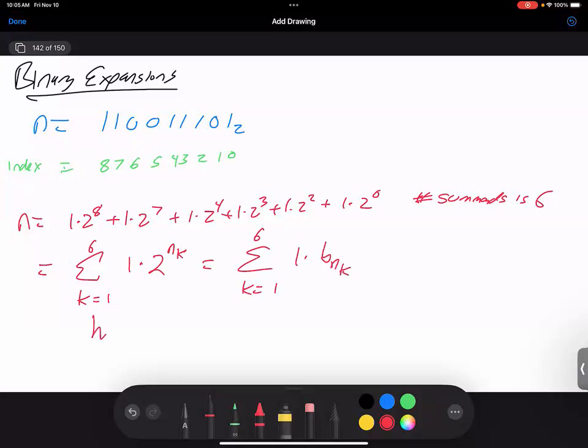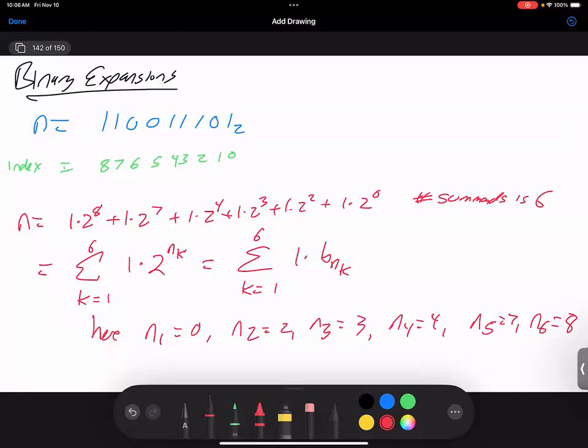And here, n1 is going to be 0, n2 is going to be 2, n3 is going to be 3, n4 is going to be 4, n5 is going to be 7, and the last one, n6, is going to be 8. So you give me a number, I can tell you what indices there are.